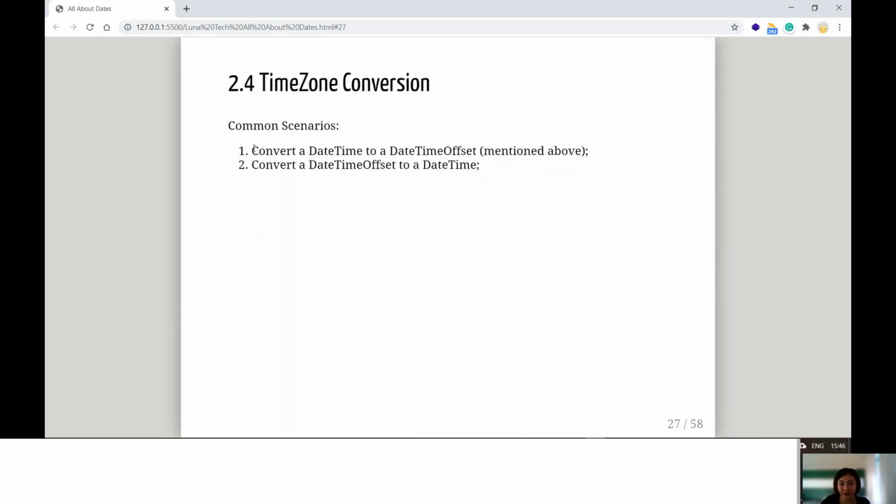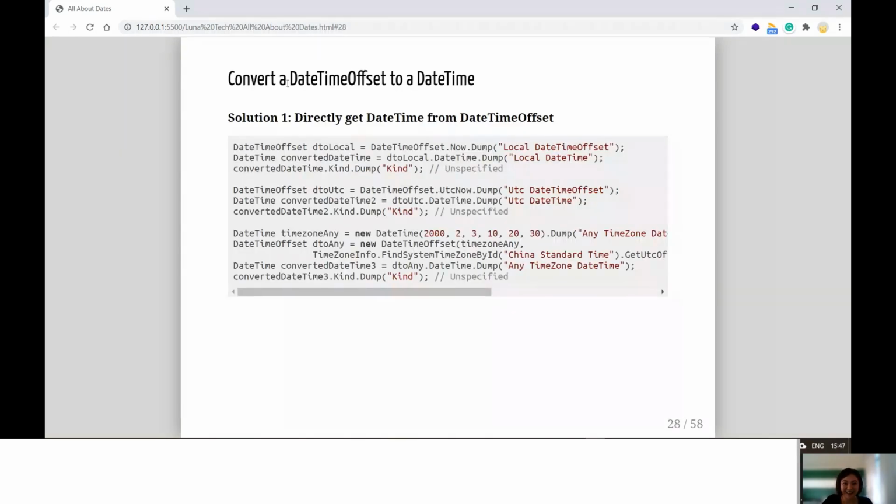So we've just covered one of the common scenarios, which is converting DateTime to a DateTimeOffset. And now we're going to convert a DateTimeOffset to a DateTime. Yeah, so one straightforward solution would be directly getting the DateTime from the offset. So you're going to do something like this, right?